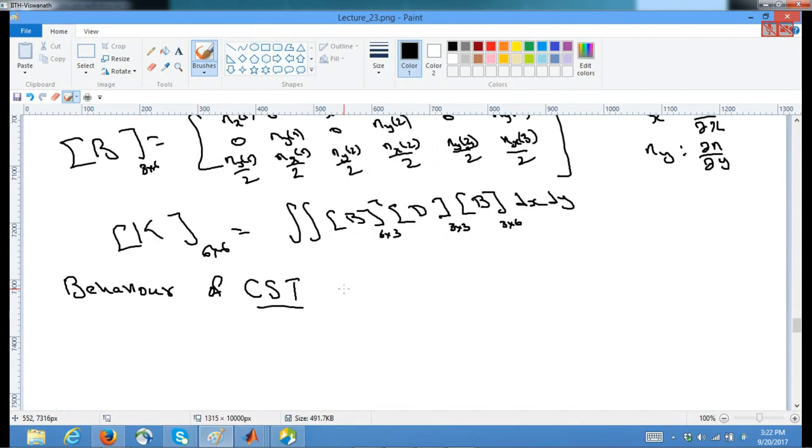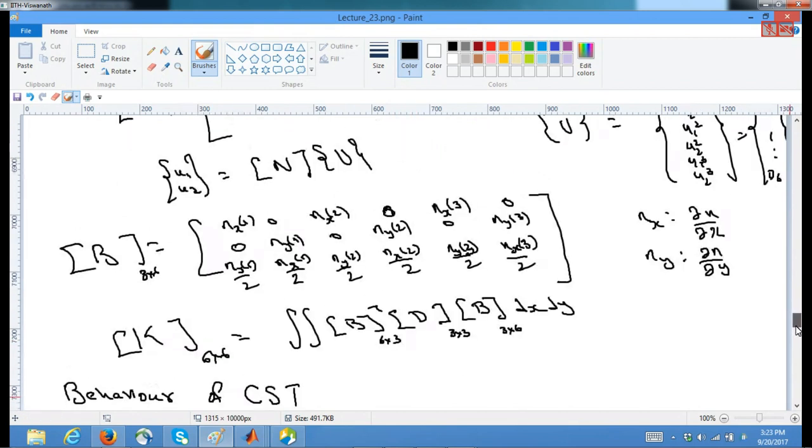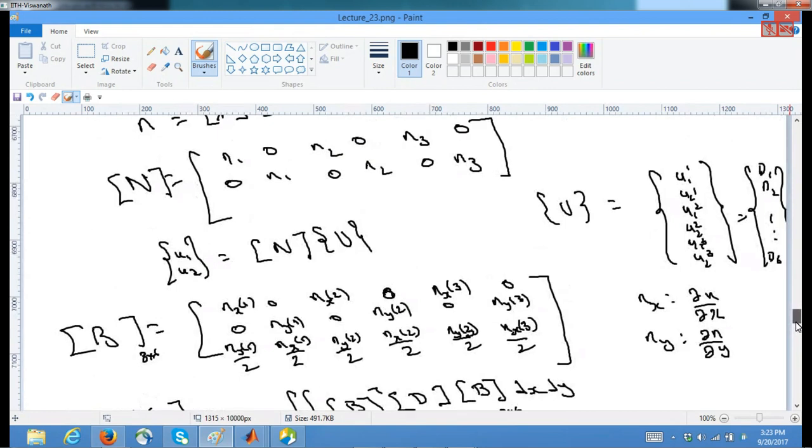Anyway, why we call it a constant strain triangle, you need to understand here. Since these functions are linear in terms of x and y, when I differentiate with respect to x and y, the strain displacement matrix would be purely constant.